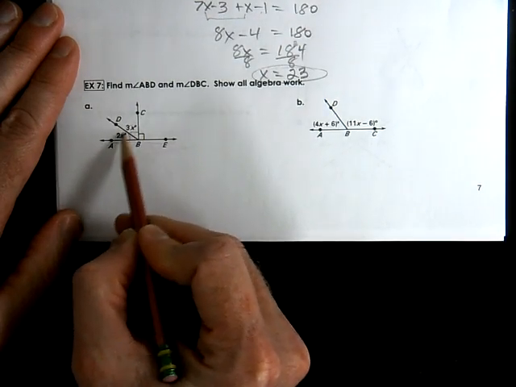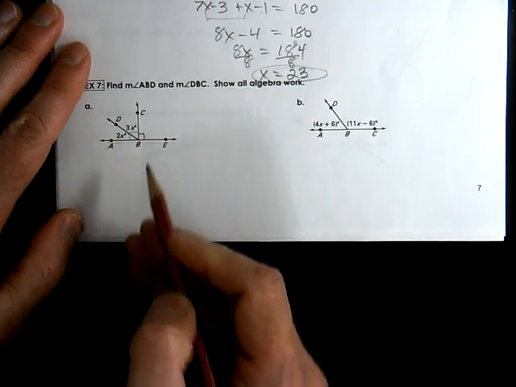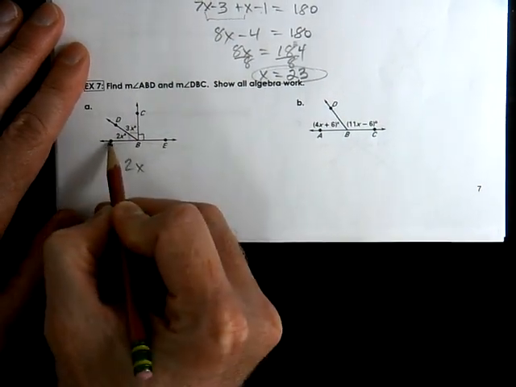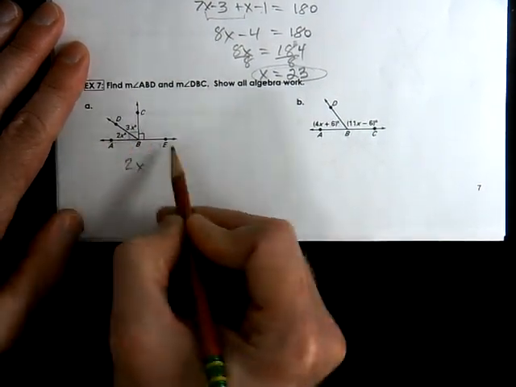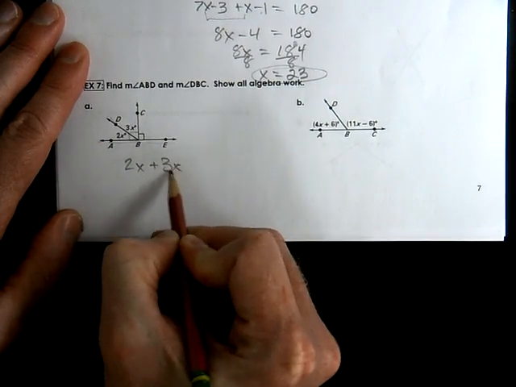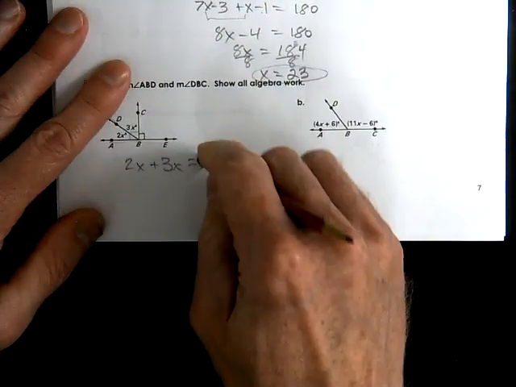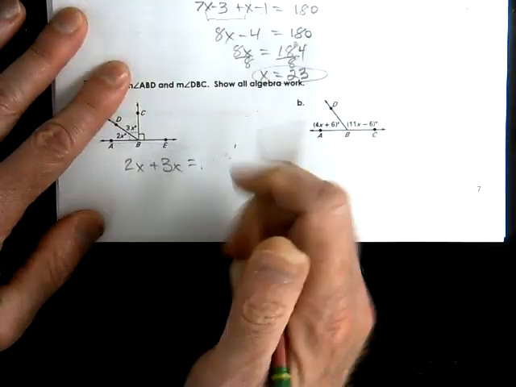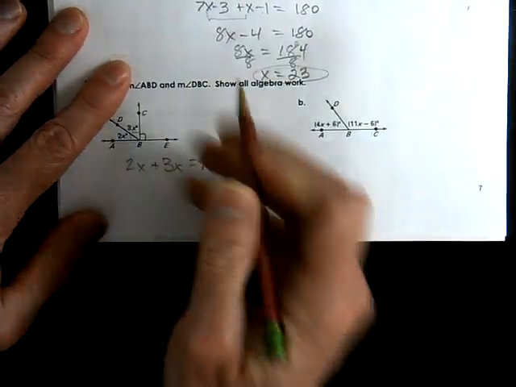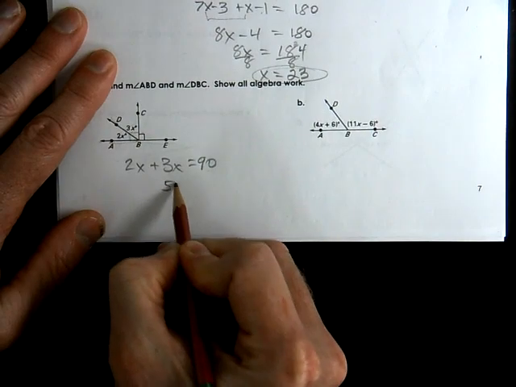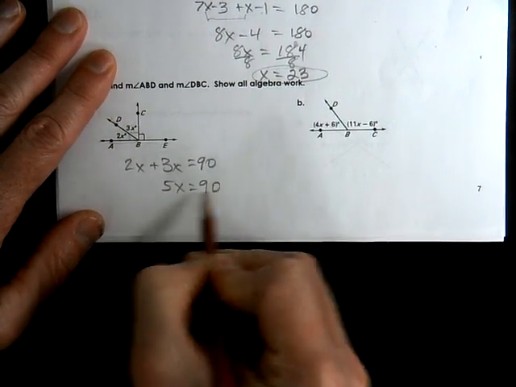So we know these two angles add up to 90. So 2x stands for ABD, and 3x stands for DBC, and they're adding up to 90 degrees. So that's a total of 5x.